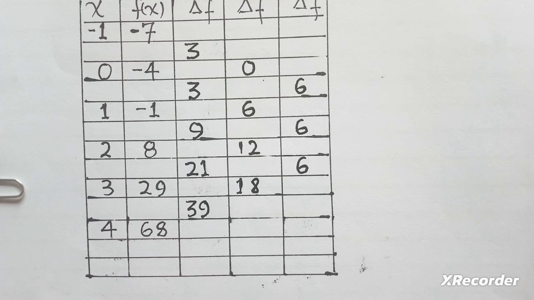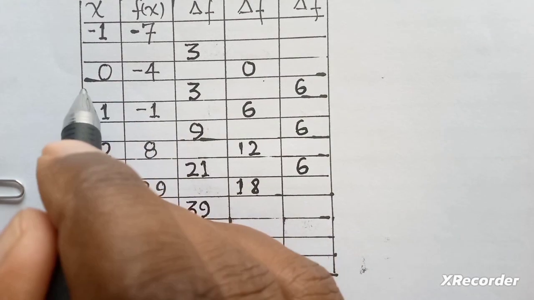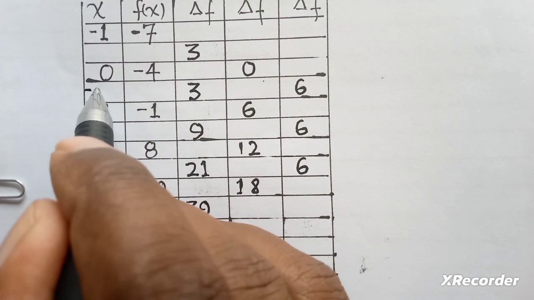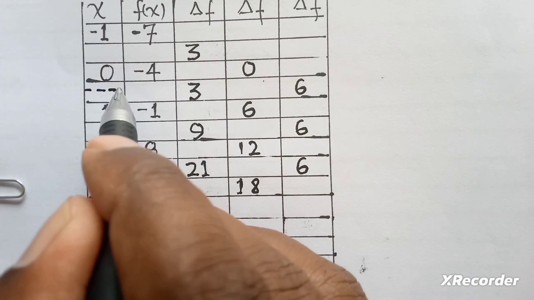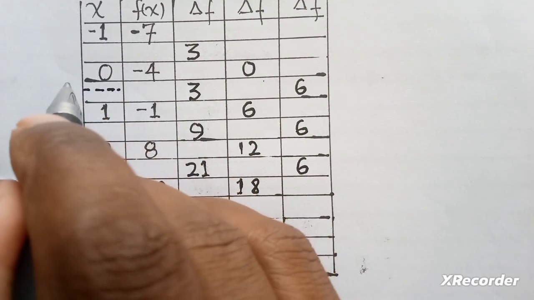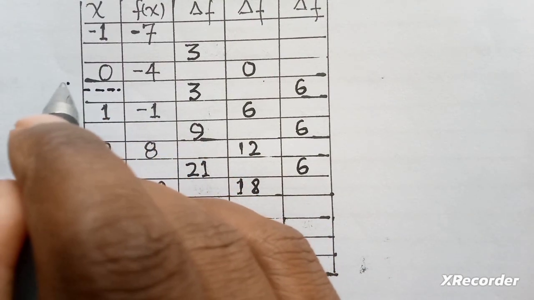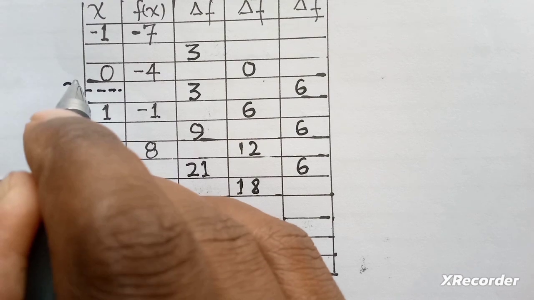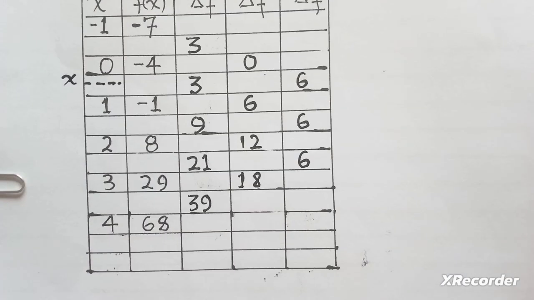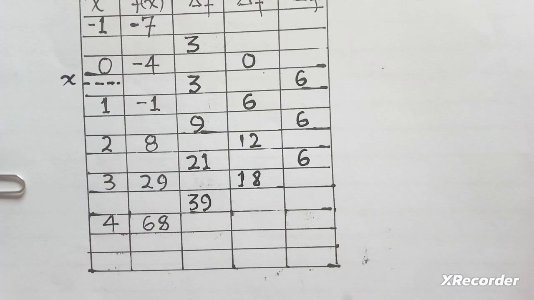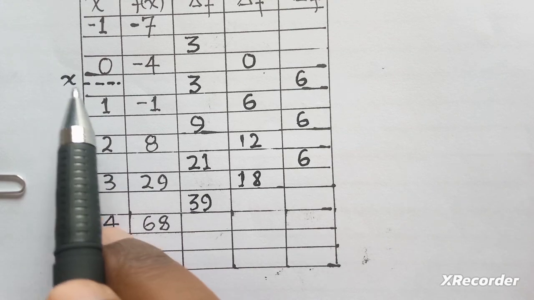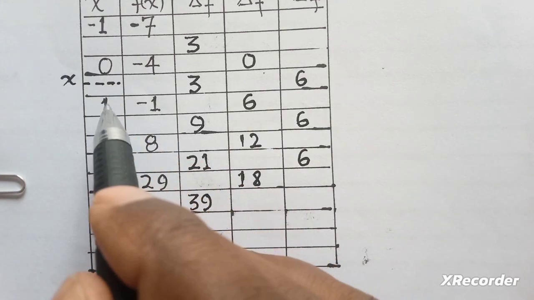So guys, now we come and establish our polynomial. We come to this point yet again. Let's call this point P, or this point, let's now call it X. The interval is supposed to be 0 to 1.